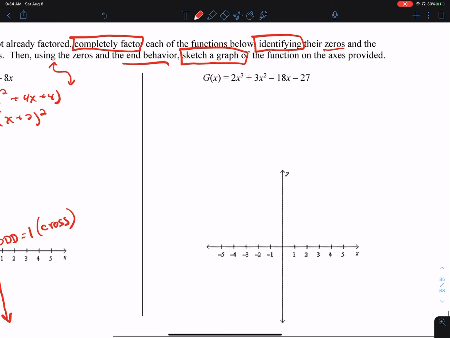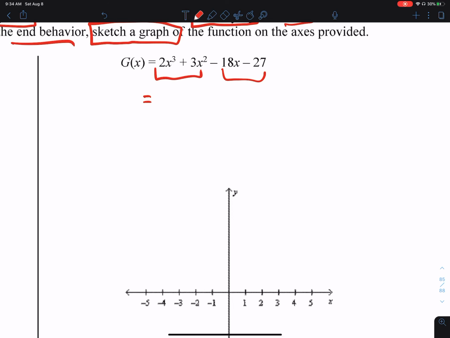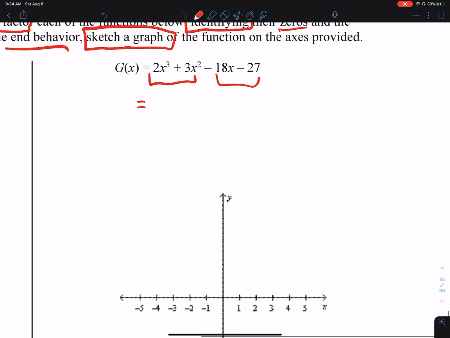Let's look at g of x, also not factored. We can factor this by grouping. So if we factor this by grouping, a GCF of the first group is x squared, leaving us with 2x plus 3. GCF of the second group is a -9, leaving us with 2x plus 3.